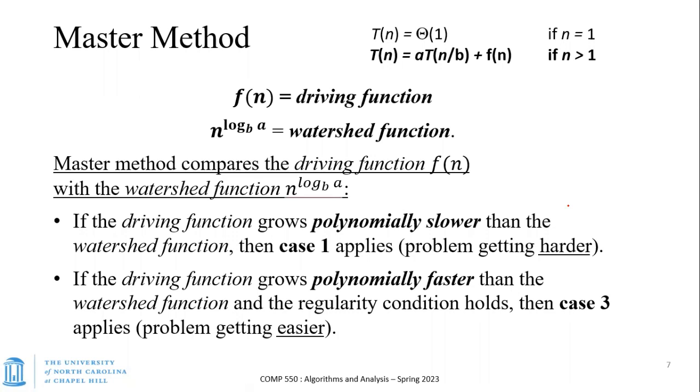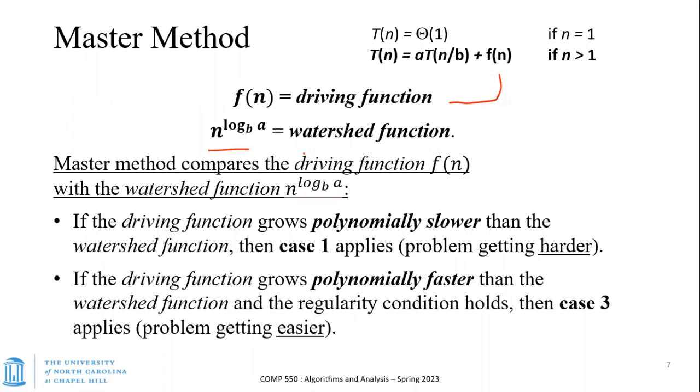Okay, so another way of looking at the master method is, as I showed you earlier, that you have a driving function. So this f of n is referred to as a driving function, and then you have the watershed function. That's n to the power of log to the base b of a, and you're basically comparing the complexity of the driving function with respect to the watershed function.